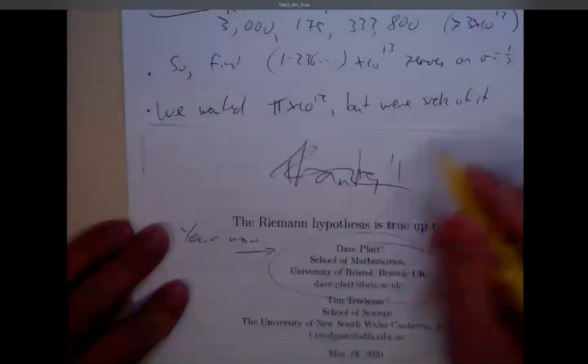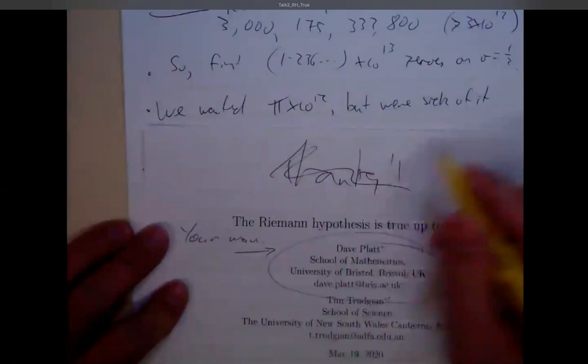I can tell you, roughly speaking, how many zeros will be in that interval, and it will depend on t and on delta. Another way to look at it: between t and 2t, there's roughly t log t zeros. You give me an interval of a certain width and I'll tell you how many zeros are in the critical strip in that width.